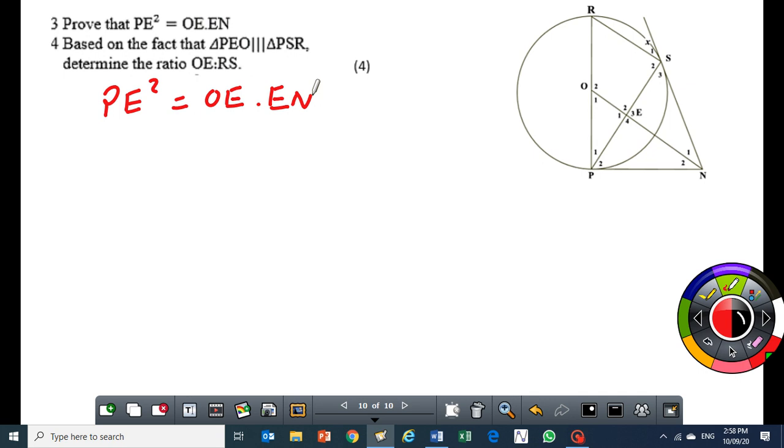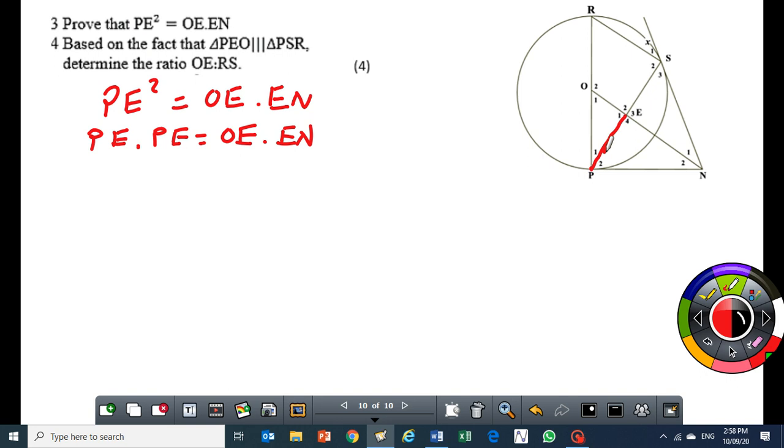Okay? You can identify the triangle. So you can split this up and write PE times PE is equal to OE times EN. Okay, let's start with the first PE. If it's going to be this one here, let's consider that one.